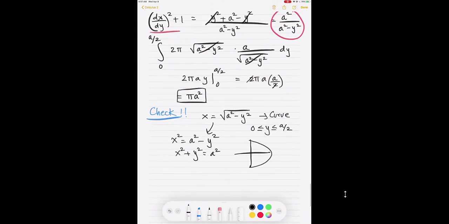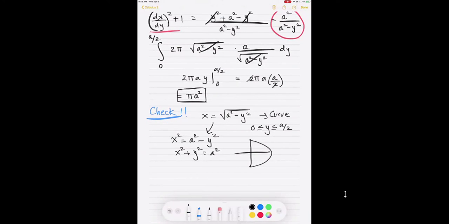What circle? This circle of radius a. Let me draw a better circle. So this tells me this is the circle of radius a.